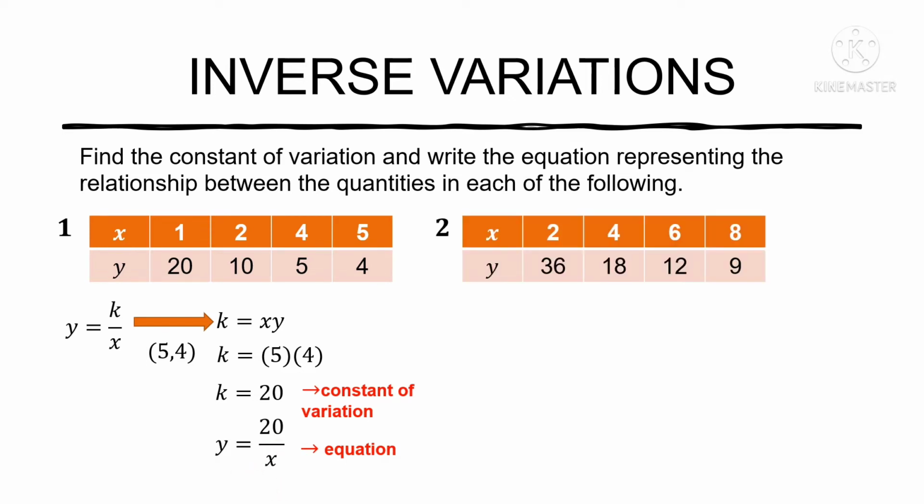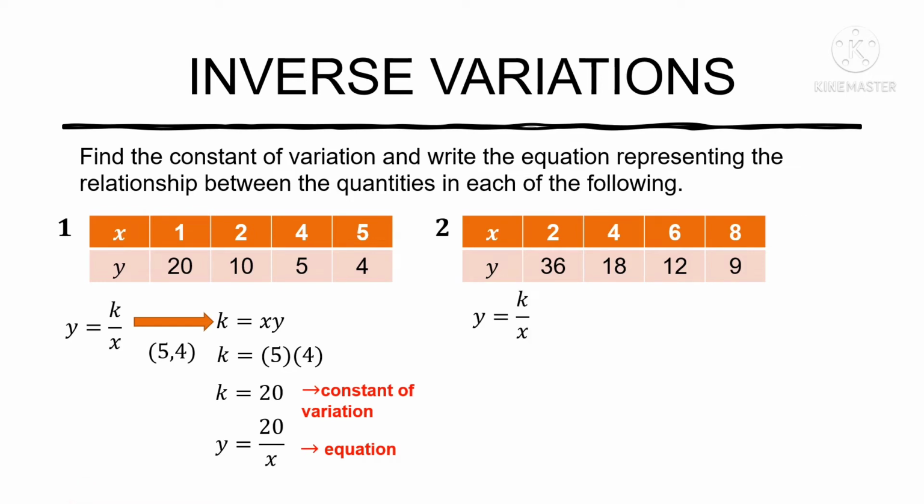So, another example. We have another table of values. Makikita natin na ito ay inverse variation kasi yung value ni x papataas, ang value naman ni y pababa. At maliban doon, pag minultiply natin ang bawat pares, makukuha natin yung product na pare-pareho ang result.